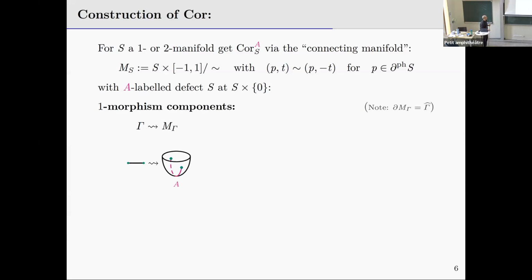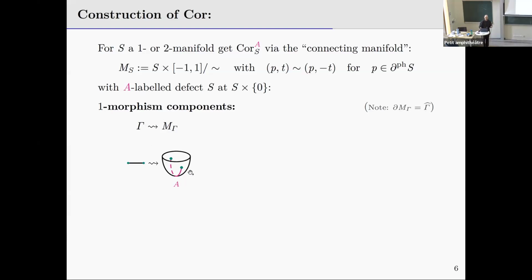So how does this look like, I forgot to mention something very important here. This two or three manifold, so this connecting manifold, naturally comes with a stratification just by embedding S into the S times 0 plane. So we naturally have a surface defect or a codimension 1 defect in there more precisely.